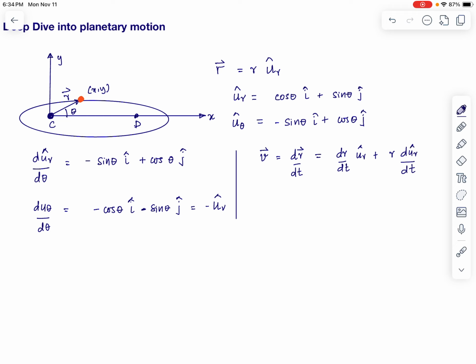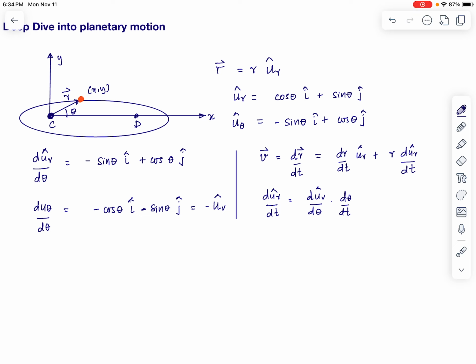Now dur divided by dt equals dur divided by d theta times d theta over dt, by the chain rule.